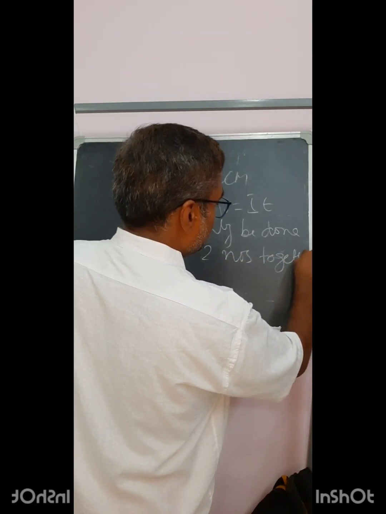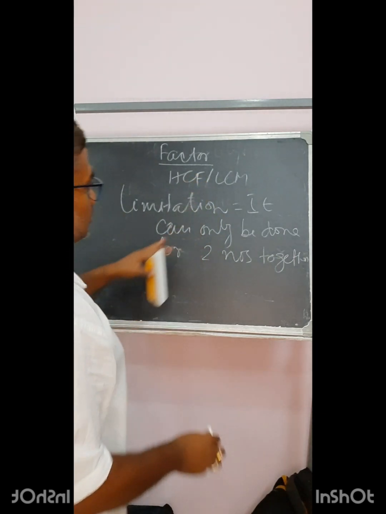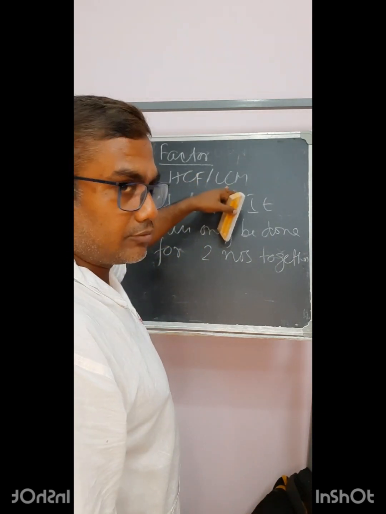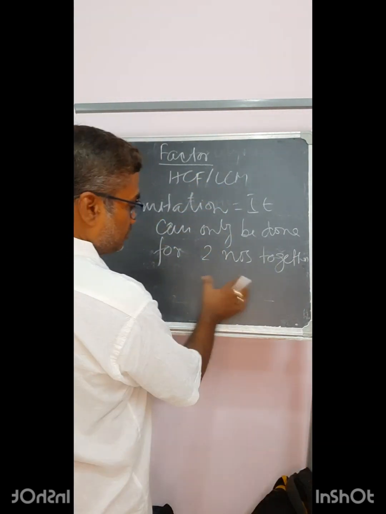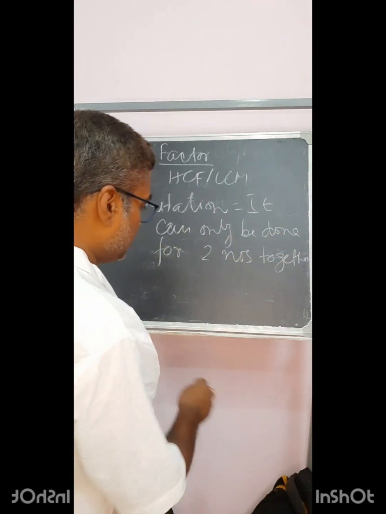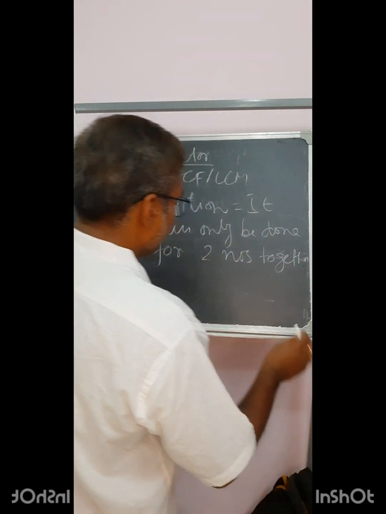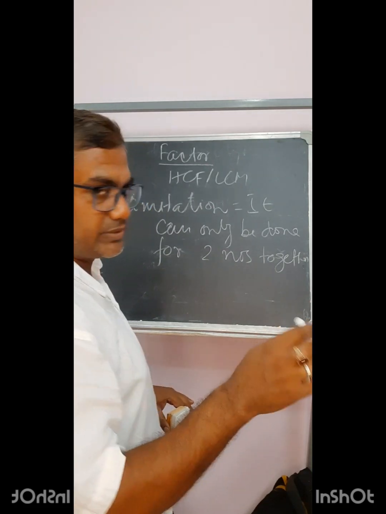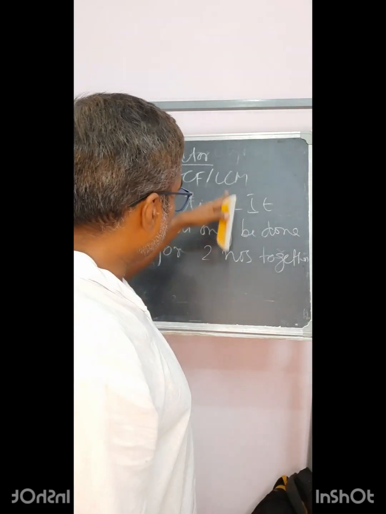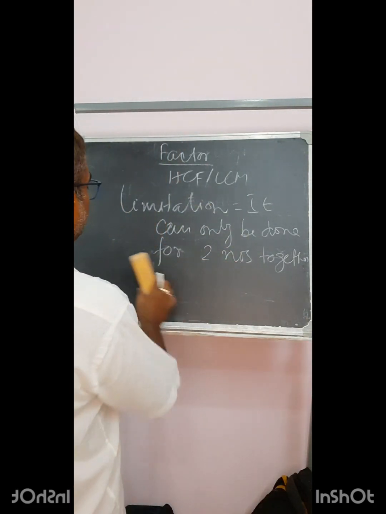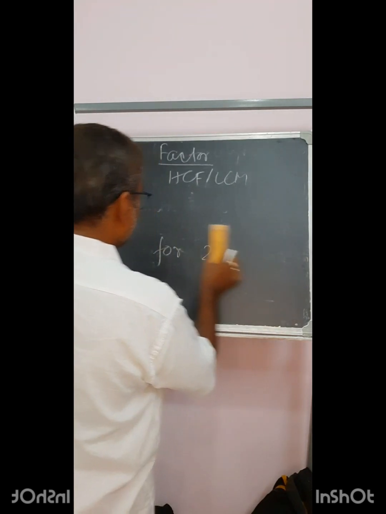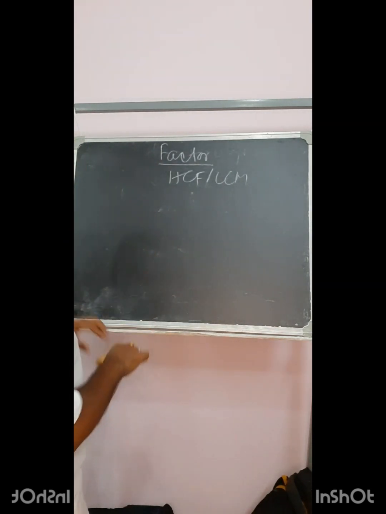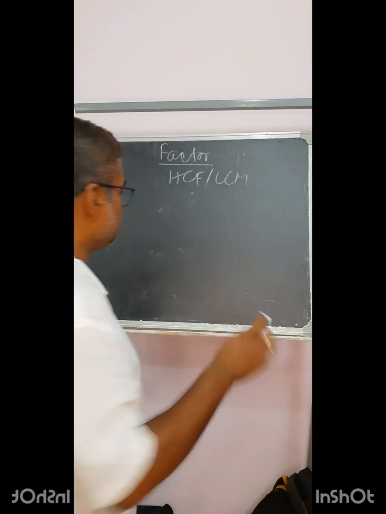That means the numbers for which HCF and LCM have to be calculated must be 2 numbers only, not more than 2 numbers. So for more than 2 numbers, meaning 3 numbers and above, we cannot follow this rule. So this is the limitation.